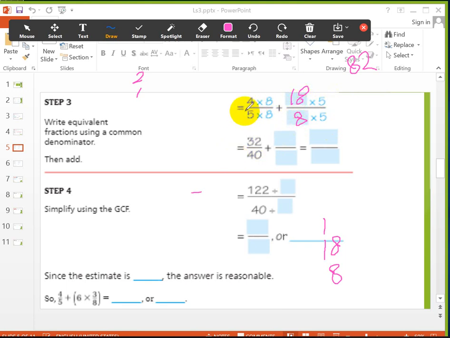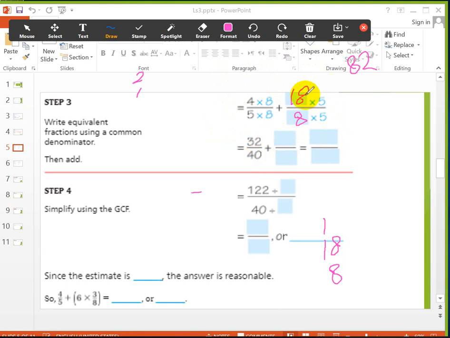So the first fraction I will multiply with 8, and the second one I will multiply with 5. 8 multiply 4 equals 32. 8 multiply 5 equals 40.